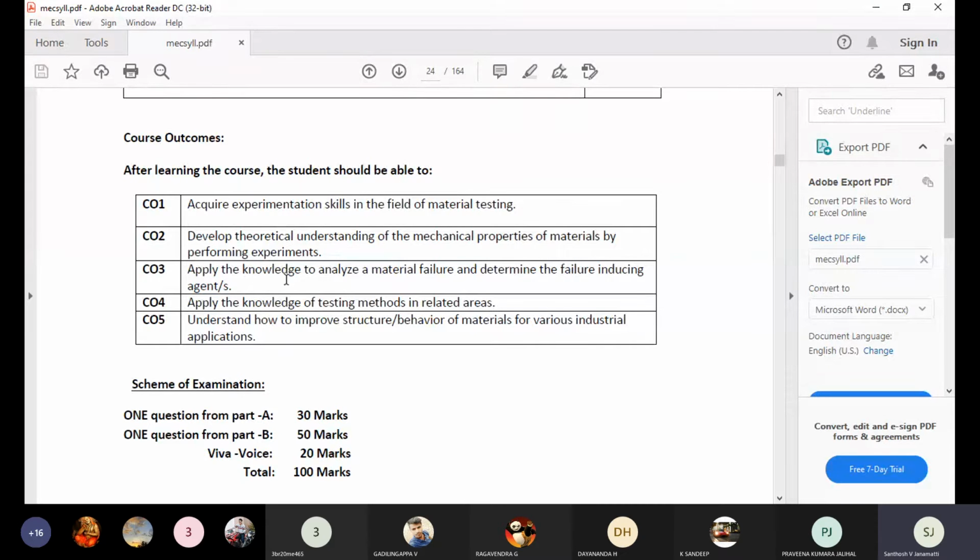Apply the knowledge to analyze material failure and determine the failure-inducing agents, and apply the knowledge of testing methods in related areas in your future. Understand how to improve the structural behavior of materials in various industrial applications through the heat treatment process.